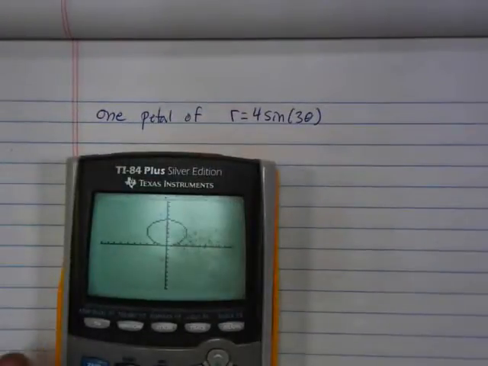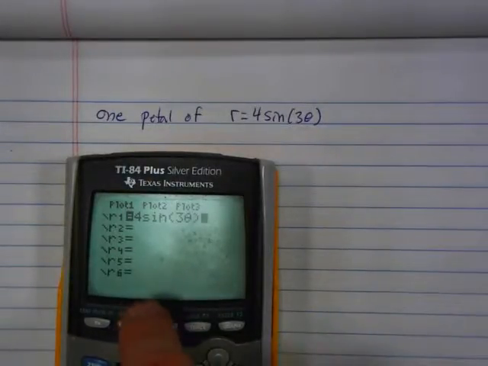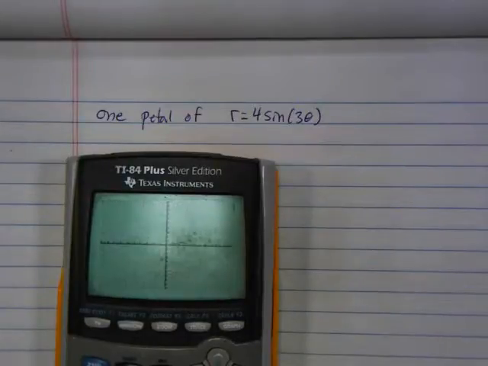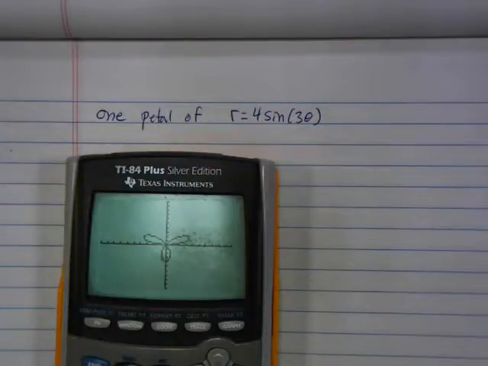Again, I'd like to draw a picture: y equals 4 sine 3 theta. I'm going to go back to zoom 6. It will start by going from 0 to 2 pi. So I want 1 petal. Does it matter which one I pick? No, not at all.